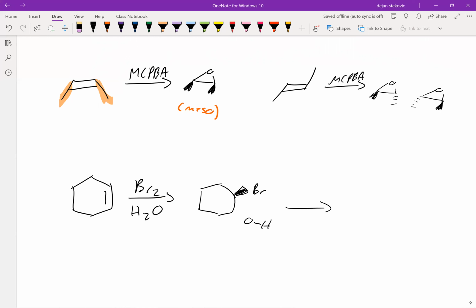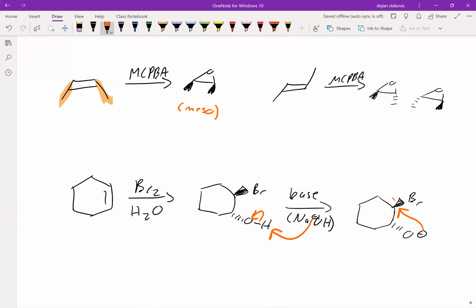And then once you've got that, then we can just add some base. Generally what's used here is sodium hydroxide to do an acid-base reaction. And then we can do an intramolecular SN2 reaction.